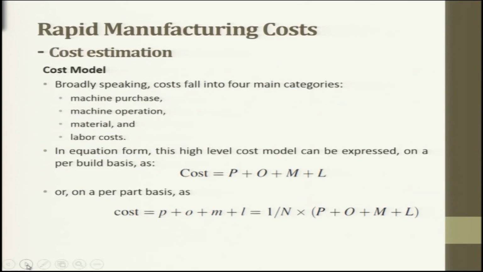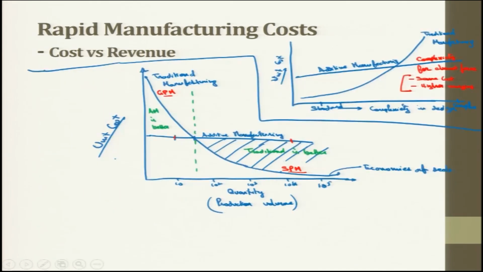Next we have cost estimation models. Broadly speaking, cost falls into the four main categories that we have discussed. Number one is machine purchase, second is machine operation, third is material, fourth is labor costs. The total cost is purchase cost plus operation cost plus material cost plus labor cost, and we also want cost on a per unit, per part basis, for which we had the illustration in the previous slide.